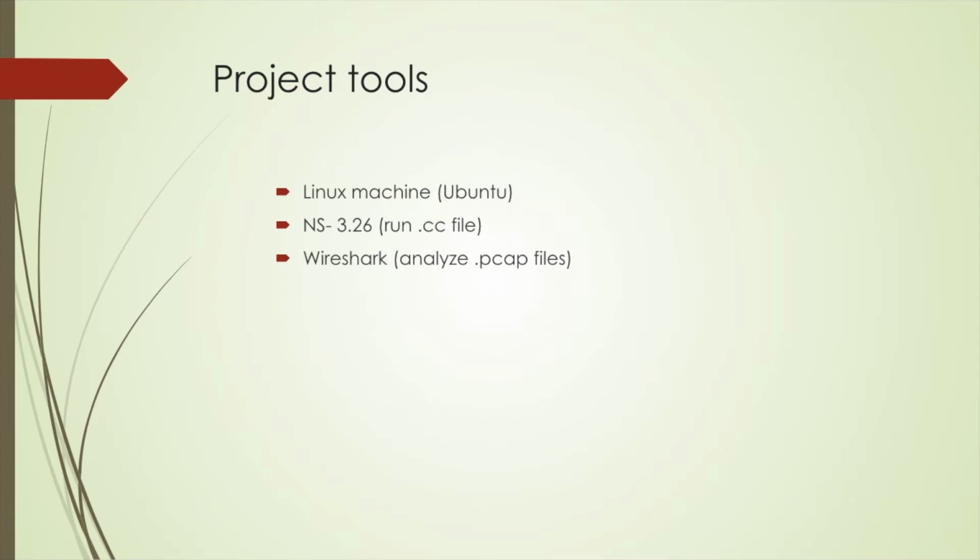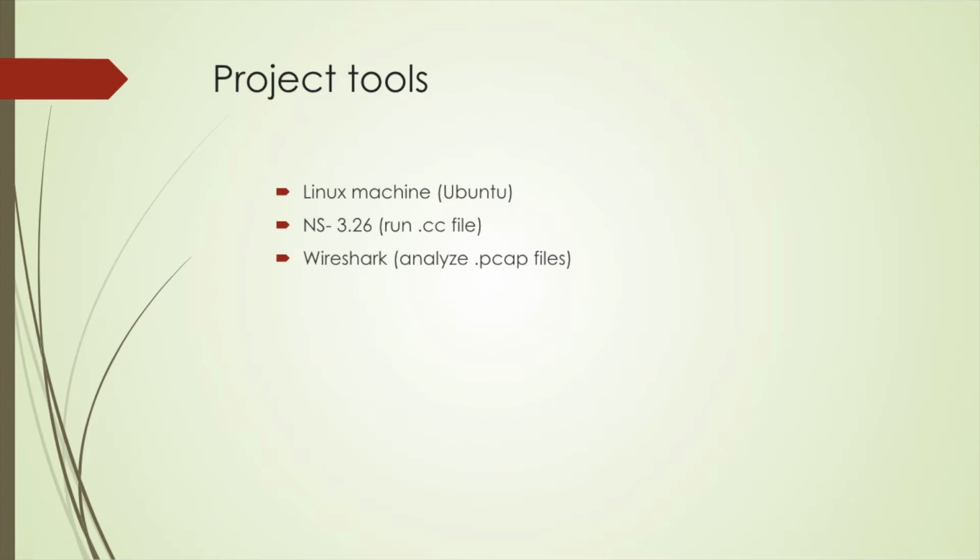So the project tools I have used: Ubuntu as my Linux machine, and also I have used the NS3.26 version of NS software. So the NS or network simulator software are a series of discrete event computer network simulators.